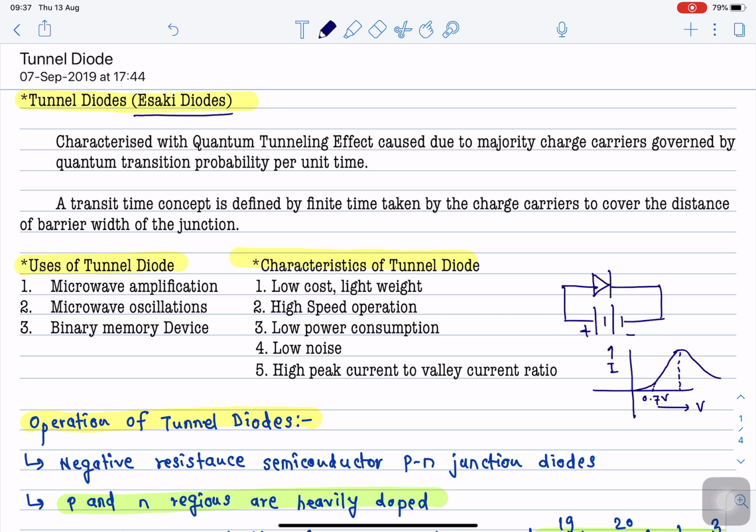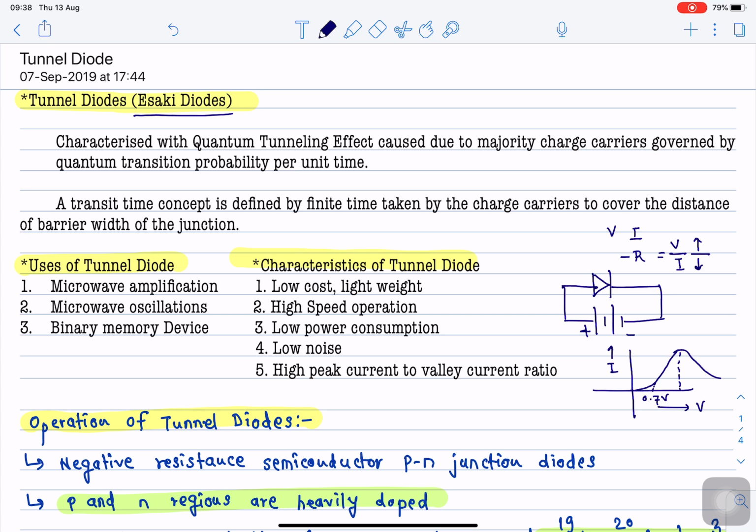If we take the ratio of voltage to current, where the applied voltage is V and the current is I, then V divided by I gives a resistance, right? The applied voltage is increasing, but instead of the current increasing, the current starts decreasing. So theoretically, when you substitute the values of voltage and current, you will get a negative resistance, right?